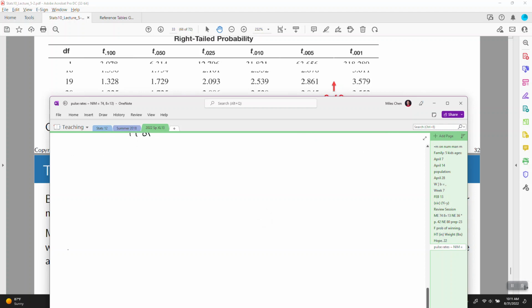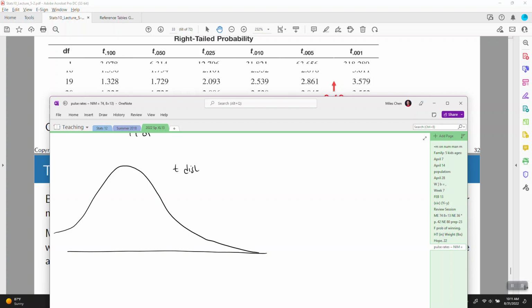Let's zoom in on the right tail of the t-distribution with 19 degrees of freedom.